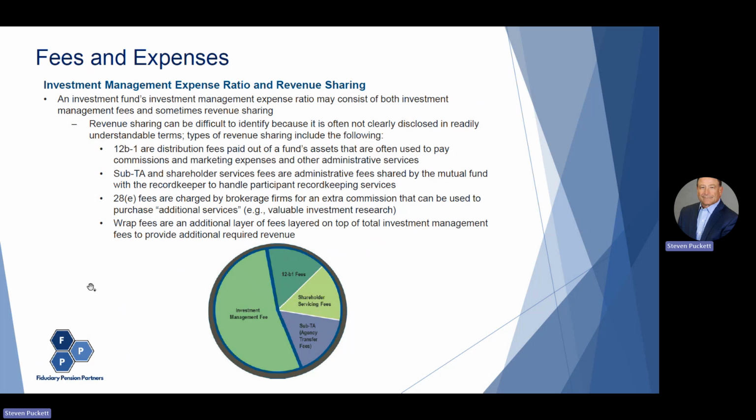When we talk about investment management, it's very important to understand expense ratio and revenue sharing. A mutual fund has an expense ratio, and that expense ratio covers the costs of managing that money. That may be trading costs, the costs of sending out prospectuses and statements, and overseeing any software or technology that is needed.